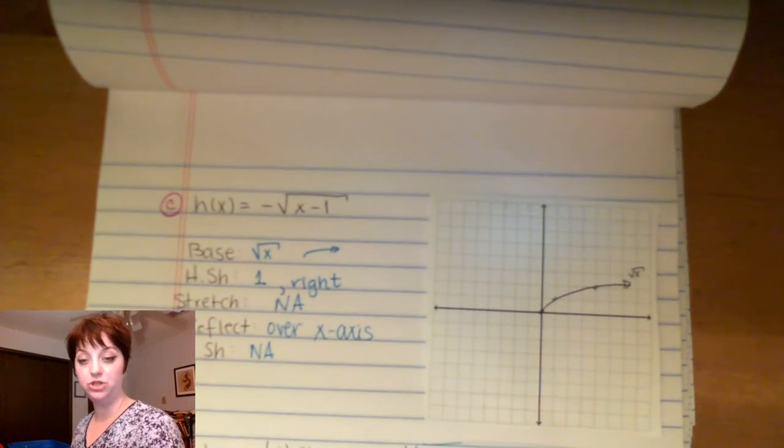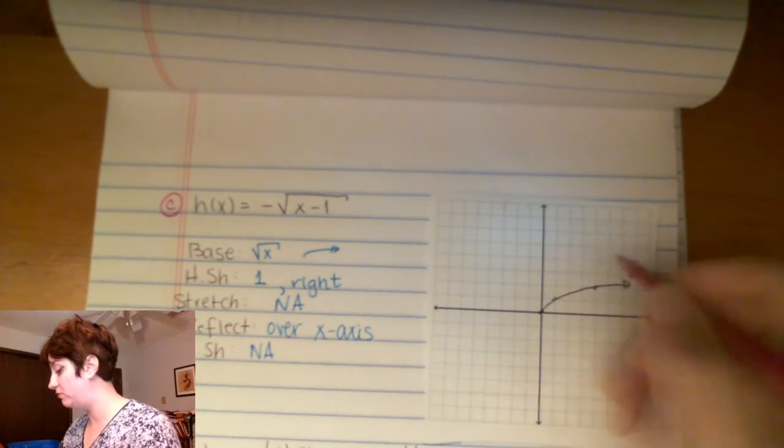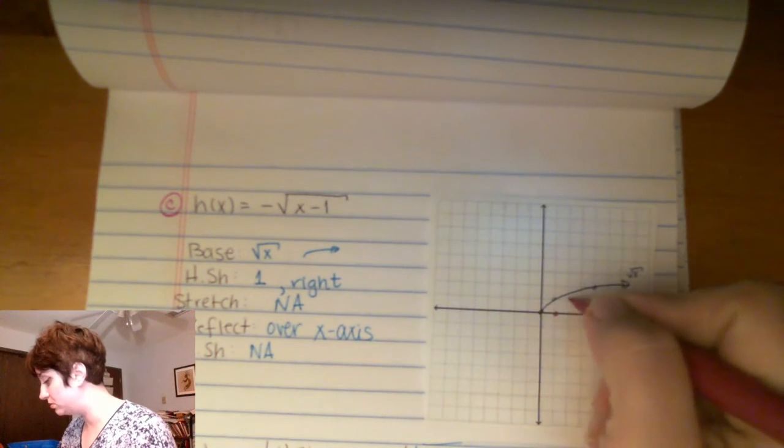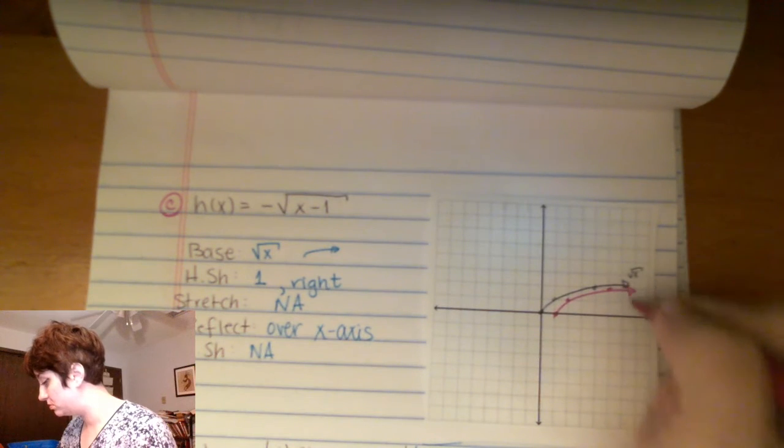All right, so suppose I didn't do the table and I'm just doing graphically. So first step is shift right 1. So I pick up each point and I move it to the right 1. So this is x minus 1, square root.